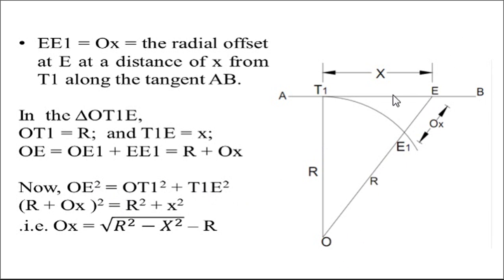Substituting the values we have calculated, R plus OX bracket square is equal to R square plus x square, and hence OX is equal to the square root of R square plus x square, minus R.